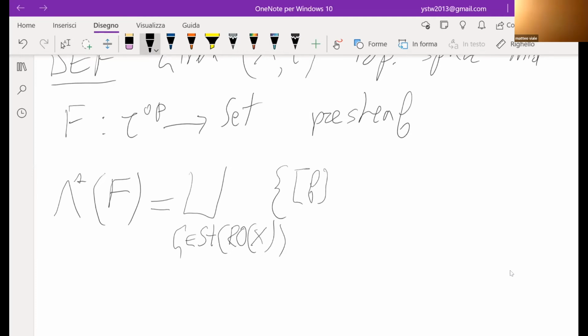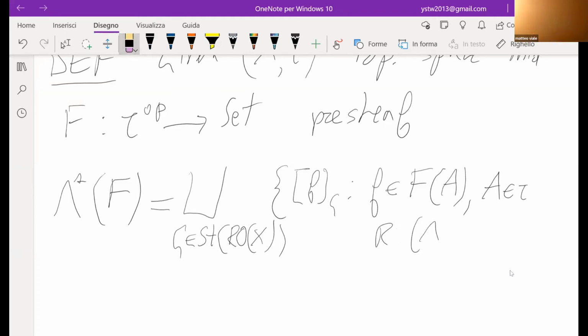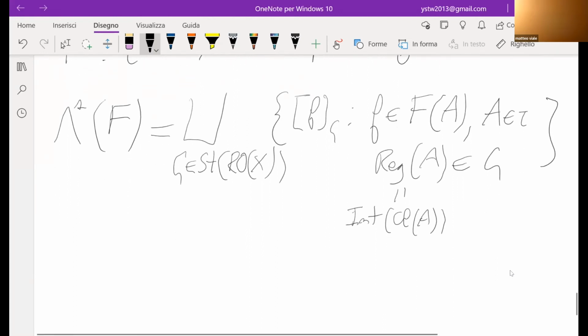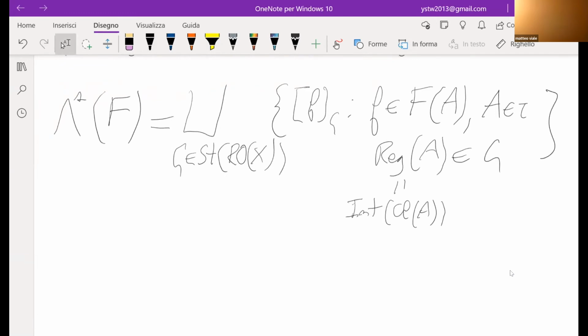Well, the stalks are what you expect: the equivalence classes of elements according to the ultrafilter G, where A belongs to tau and the regularization of A belongs to G. For those who are not familiar, the regularization is just the interior of the closure of A, but I imagine that I already lost those people if they are not familiar with this operation.